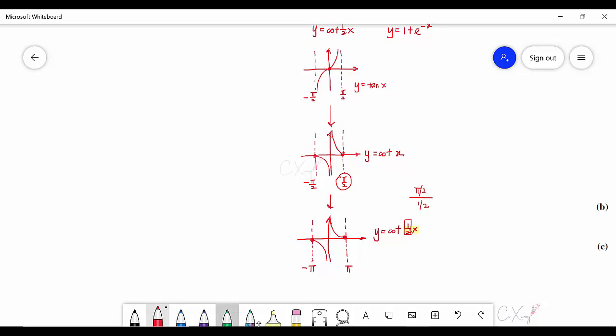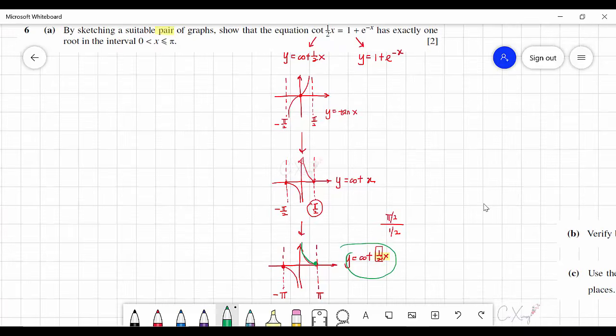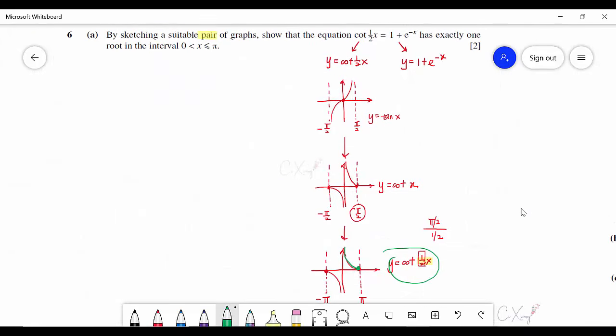Because the question wants us to sketch the graph for 0 until pi only, the green part here is the graph that I want to consider for y equals cotangent half x.